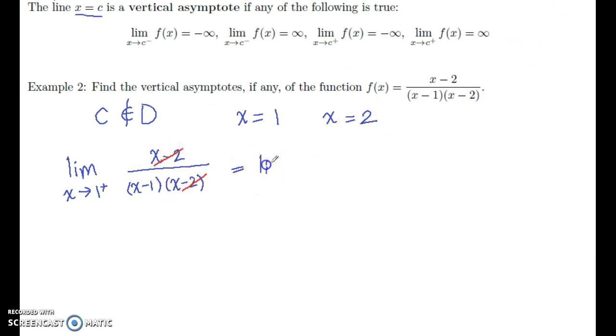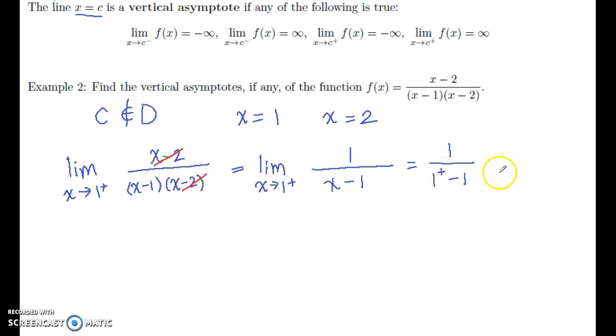So the limit as x approaches 1 from the right: on the top, after you cancel x minus 2, you get 1 left. In the bottom, x minus 1 is left.